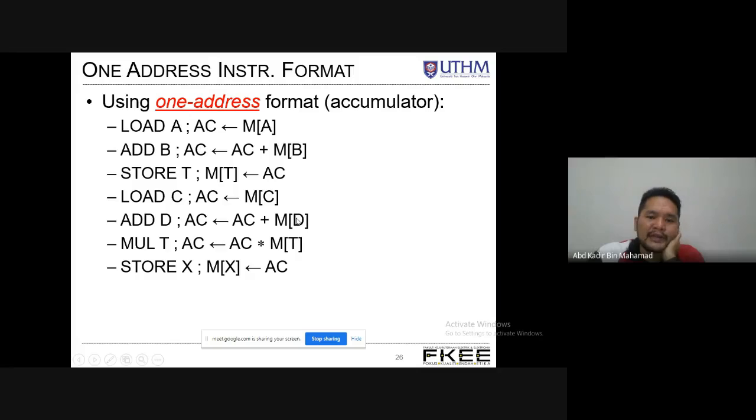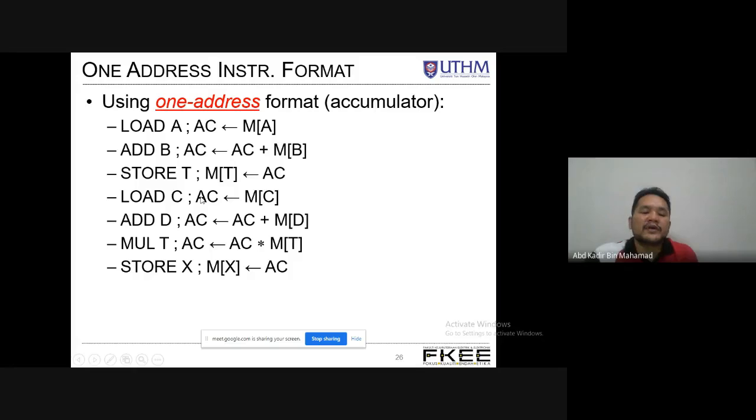Okay, for one address format, it involves the accumulator. If you notice, they have 7 instructions. You need to load the accumulator first, then you add B to the accumulator and store in the accumulator. Then from the accumulator you store to T, which is any parameter, any register.